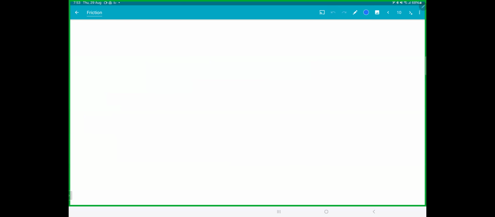Now, sometimes in a question you will hear the words, the blocks are slipping, or the blocks are not slipping. If two surfaces have relative velocity, we say they are slipping.